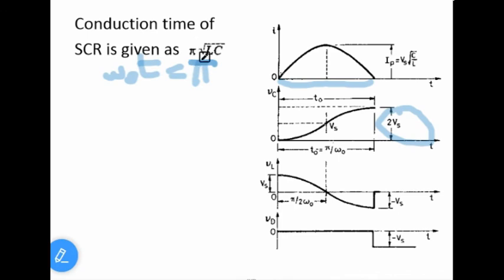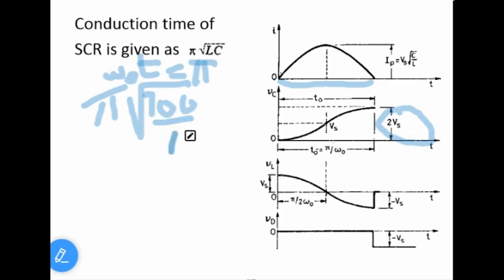If you substitute that, you will get pi into root LC. Root over pi squared becomes pi, 1 by pi and pi will get cancelled, 100 and 100 squared. Therefore the answer is 100 microseconds.